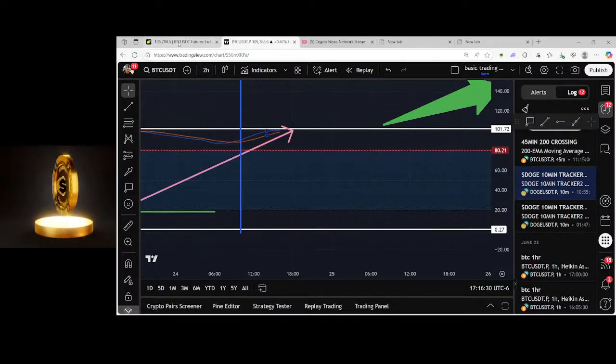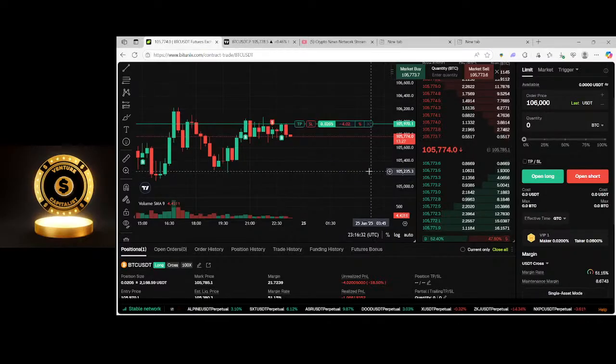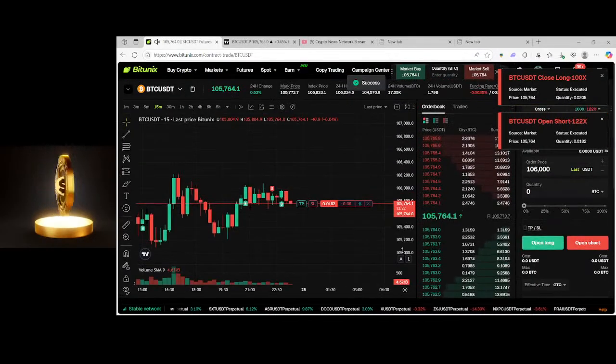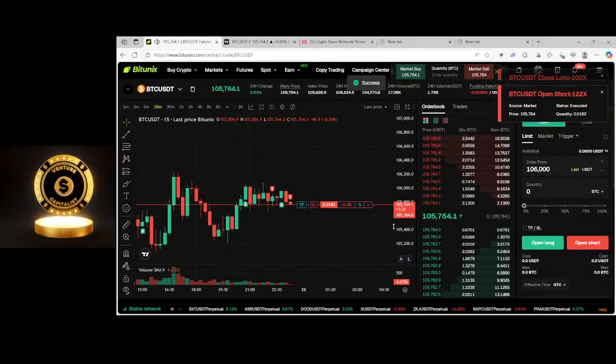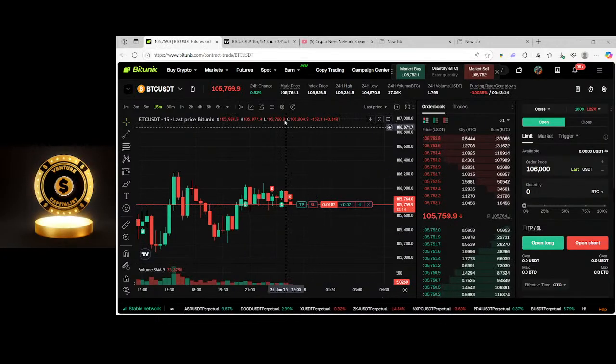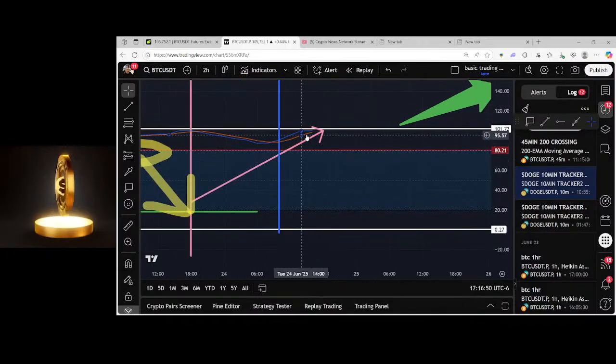So this is just letting us know that this 105,800 area is probably going to eventually crack and then come back down because there's no momentum here. This 2 hour has to come down to reset. The 4 hour has to come down to reset.